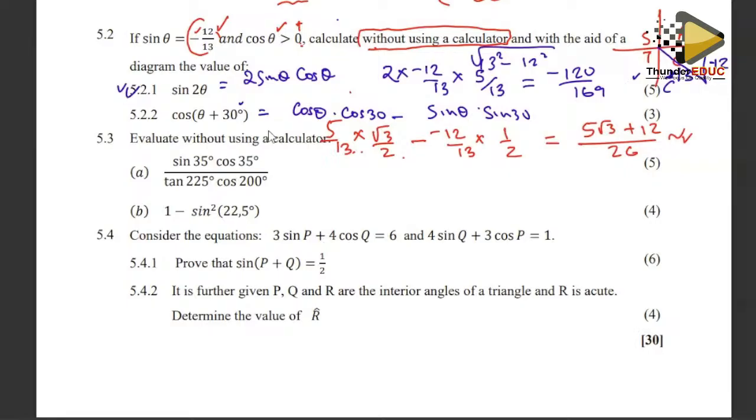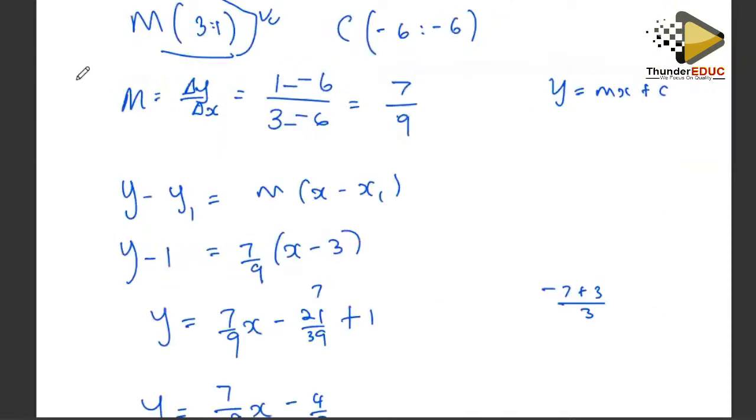Evaluate again without a calculator. So sine of 35, cos of 35, tan of 225, and cos of 200. Let me write it this side. Okay, so it's saying sine of 35, cos of 35, tan of 225, and then cos of 200.